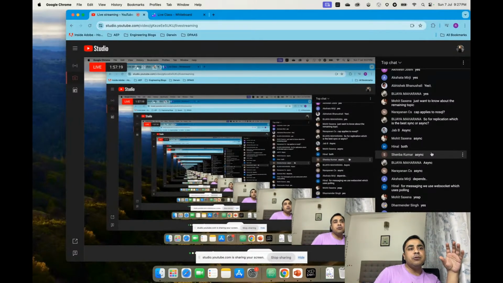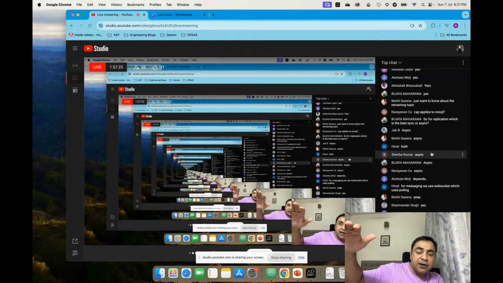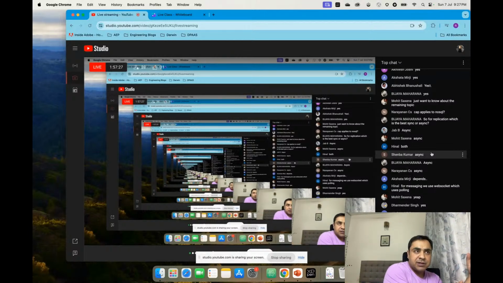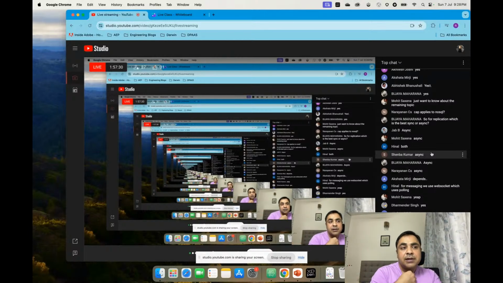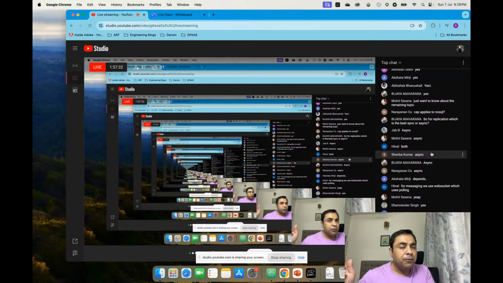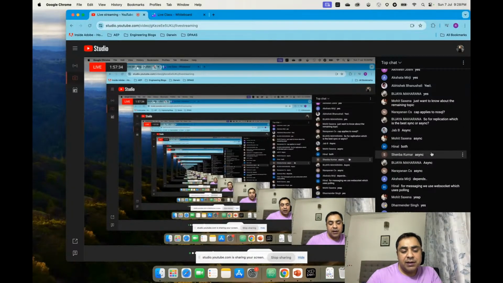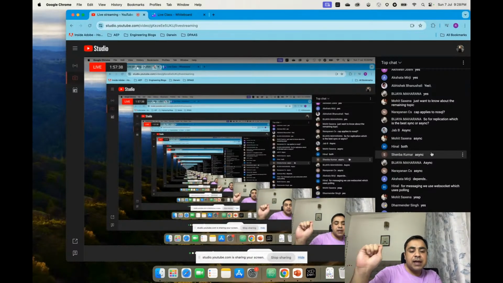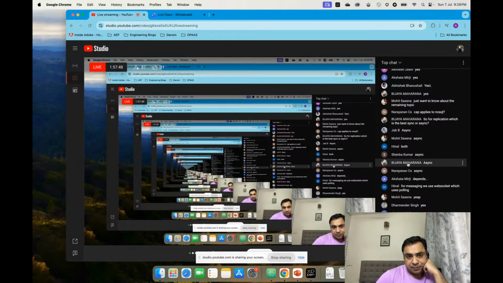Similarly, there are different kinds of caching, with different pros and cons. All these things come into practice once you start thinking about small components and small building blocks. Only then can you think of a bigger architecture, and only then can you approach any system design. Now I'll take a pause.